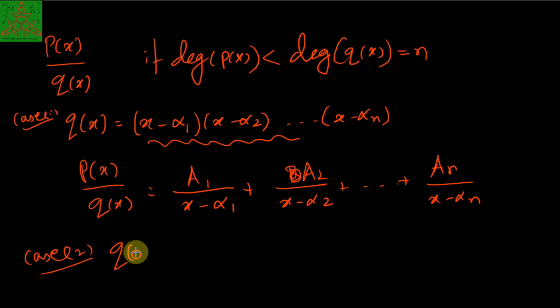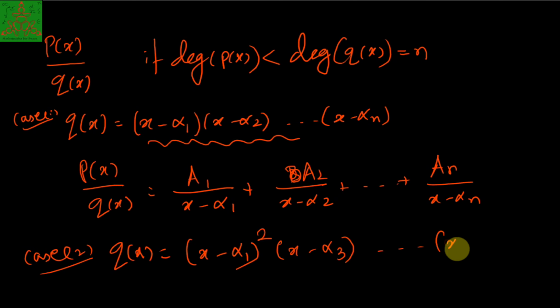Case 2: it may be possible that a few of the roots are equal. Suppose x minus alpha 1 squared is there, which means alpha 1 and alpha 2 are the same root, but the rest are different roots, that is x minus alpha 3 up to x minus alpha n.